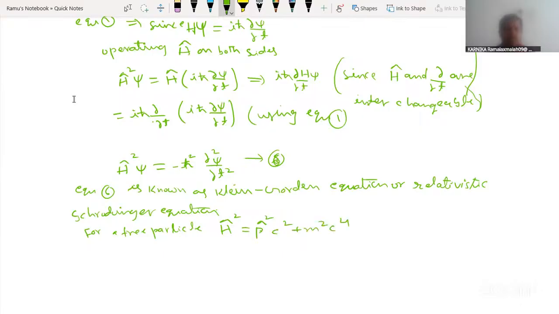This is equation 4. You simplify this. Already you know this p² value; our p² value supports this formula.